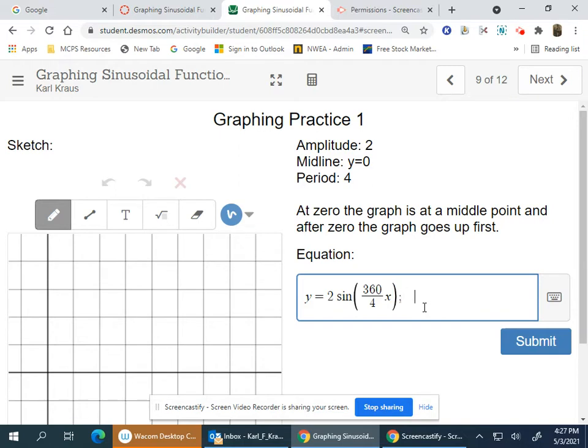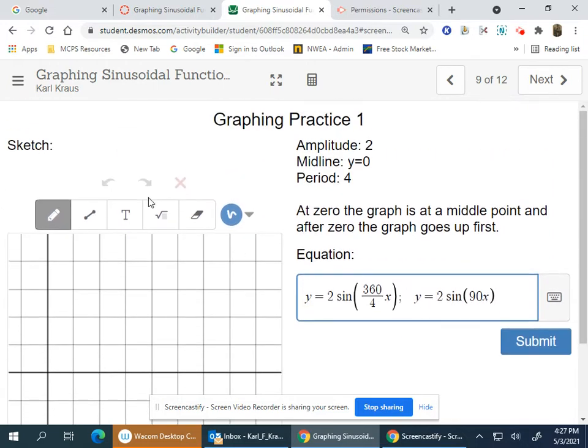So if I simplify what's in the parentheses, y equals sine 90x, and my midline is 0.